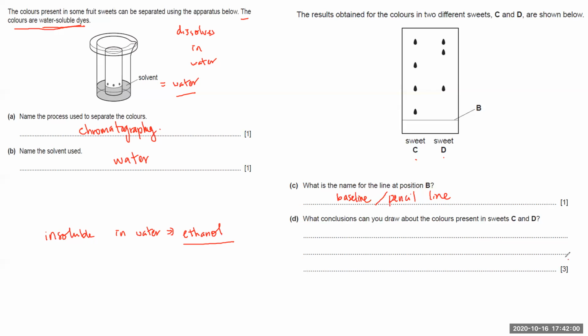Okay, now look at this question. Then you must always look at the marks. This is a 3-mark question. So what conclusion can you draw about the colors present in C and D? For 3 marks, you have to answer something that is worth 3 marks. So let's look at this. For C, there's 1, 2, 3, 4 spots. And D, there's 1, 2, 3.